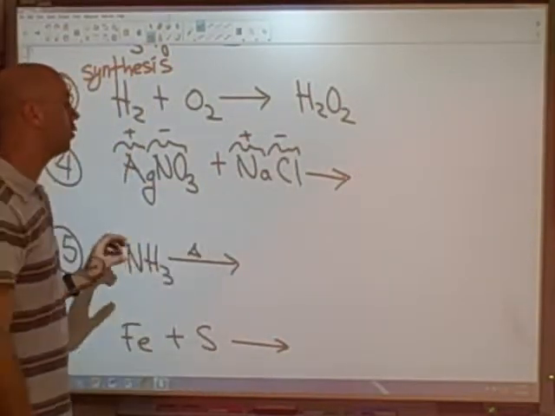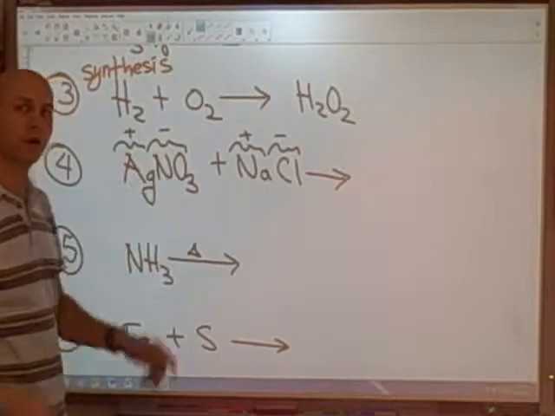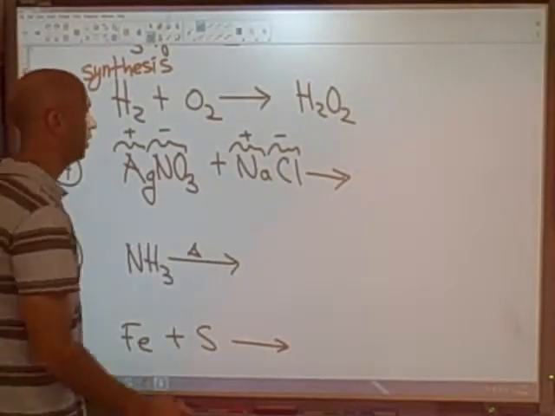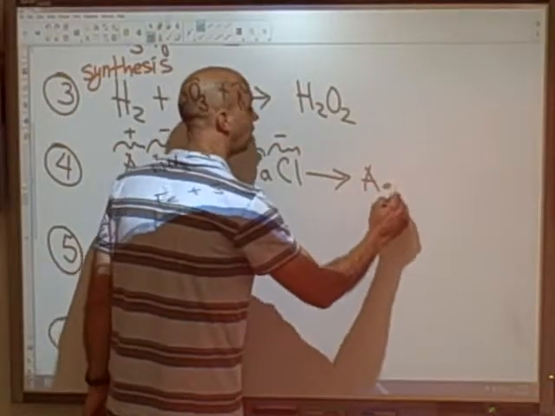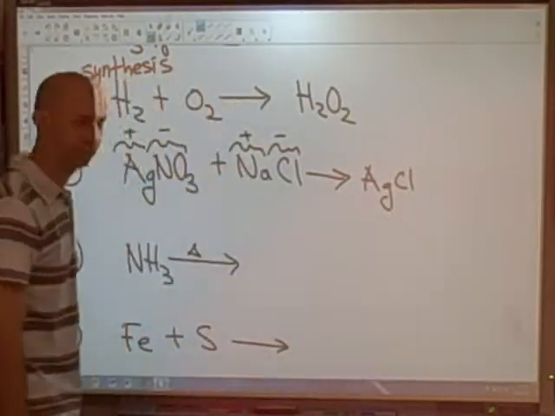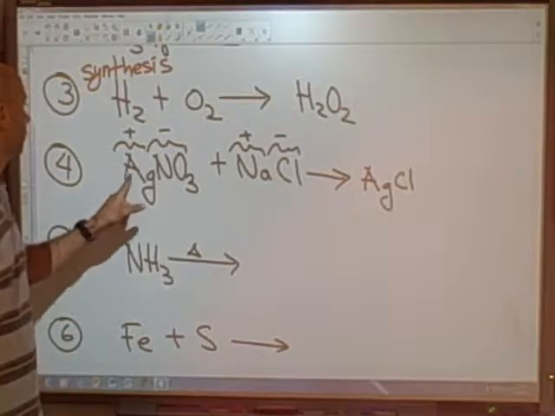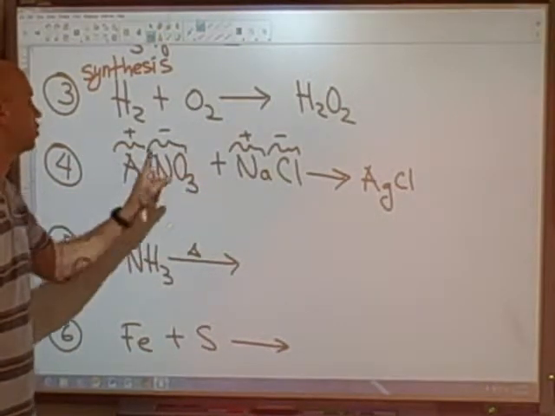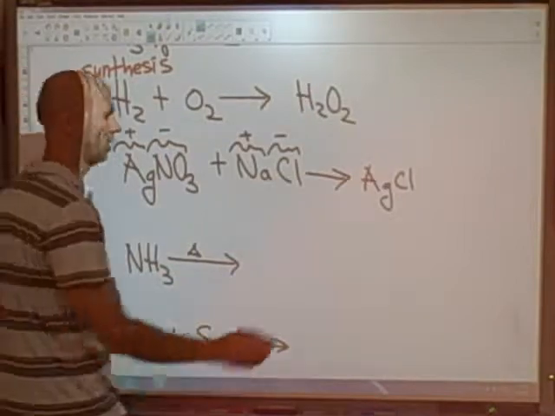In this equation, what we are going to do is we're going to switch partners. This cation is going to go with that anion. So I've got AgCl. And then over here, I'm going to have sodium join with nitrate.